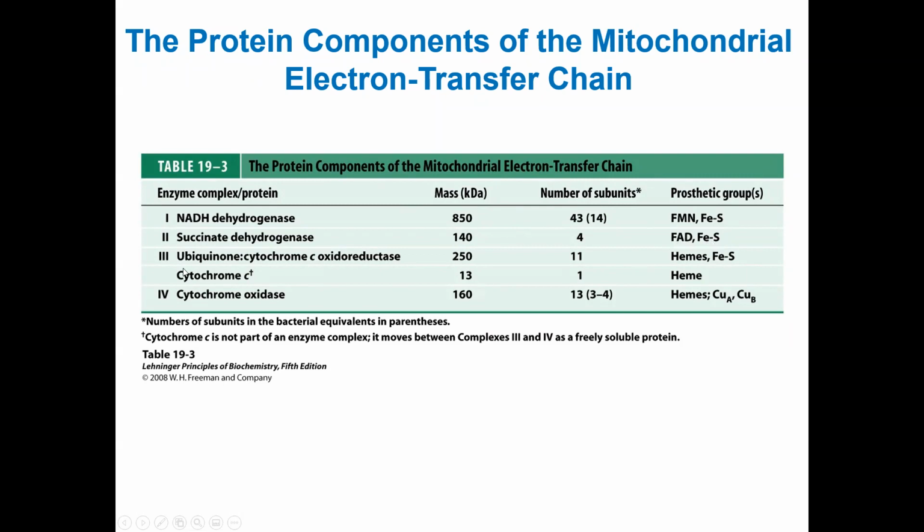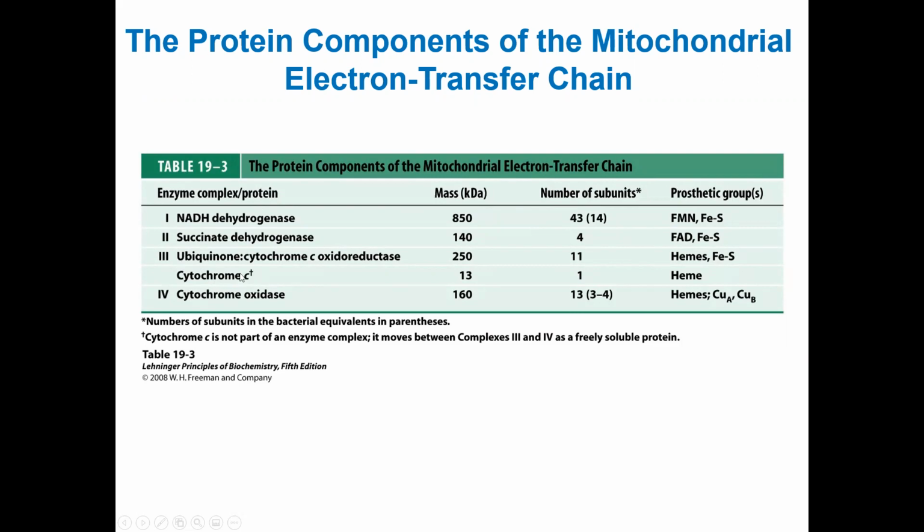The third one is ubiquinone cytochrome C oxidoreductase. Its molecular mass is about 250 kilodalton, and there are 11 peptidyl units, and it needs hemes and iron sulfur center as prosthetic groups. Cytochrome C is not part of complex 3, but it is actually involved.